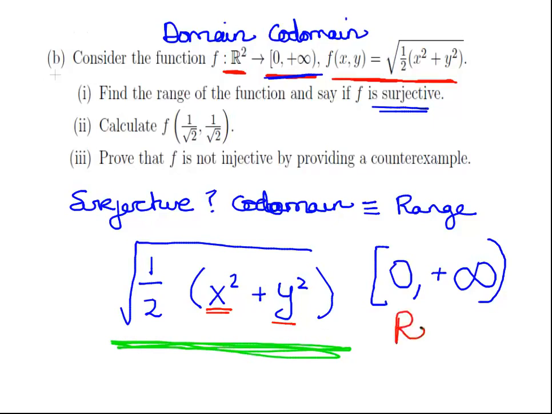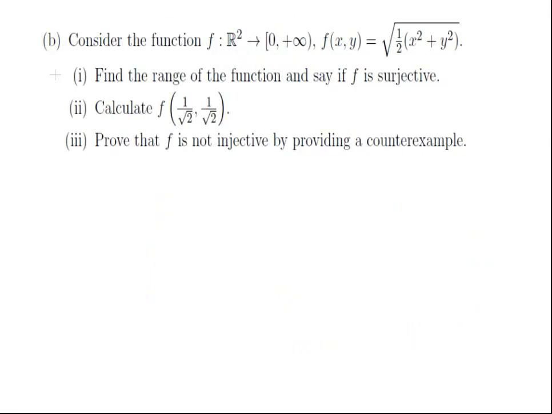This is the range here, and it is equal to the codomain. So we can say that yes, it is surjective. That's the main part done. By the way, surjective and injective are also called onto and one-to-one. We're going to leave that for another time.